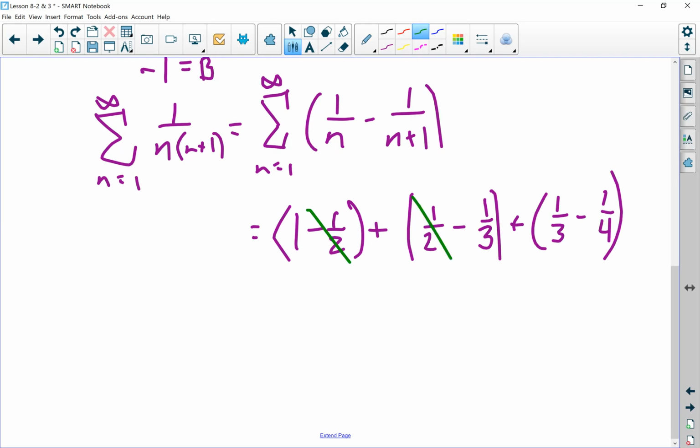And the minus 1/3 and the plus 1/3 cancel. And the minus 1/4 would cancel with the plus 1/4 in the next term. And everything cancels except for the very first term. So this sum is equal to 1. Pretty cool. I like it.